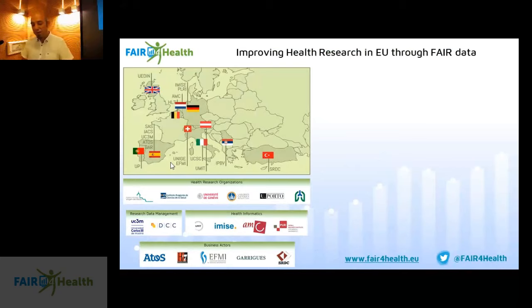We count on six entities with a strong background in health research, like our hospital, the University of Geneva and the University Hospital of Geneva, the Instituto Aragonés de Ciencias de la Salud, and other universities and clinics.